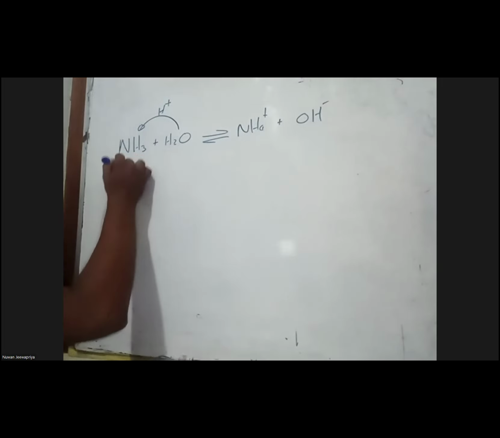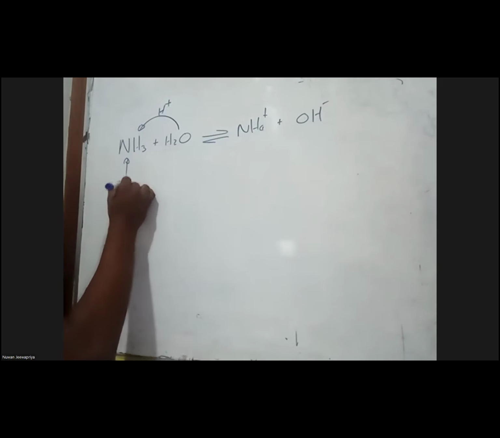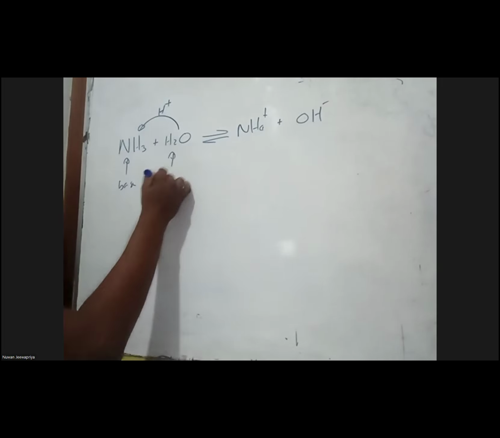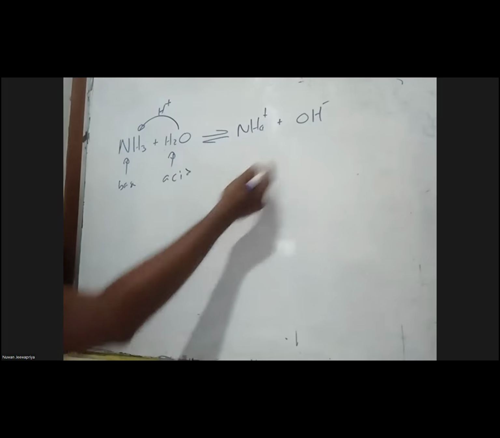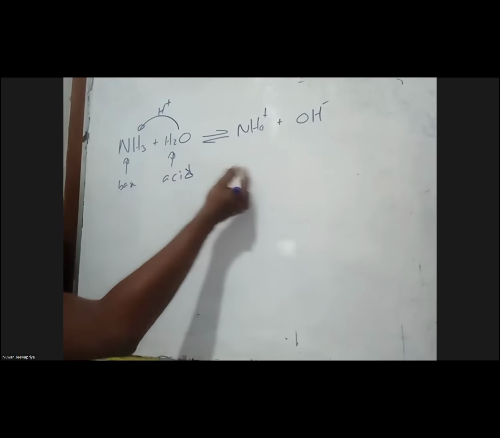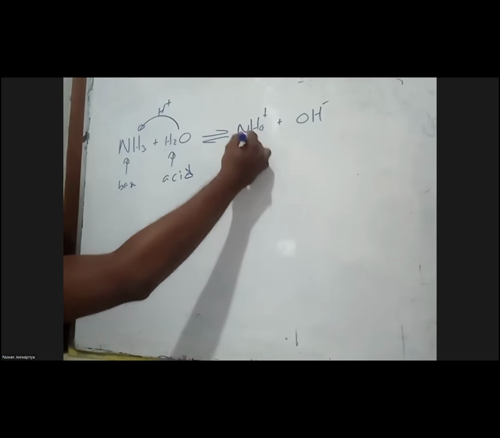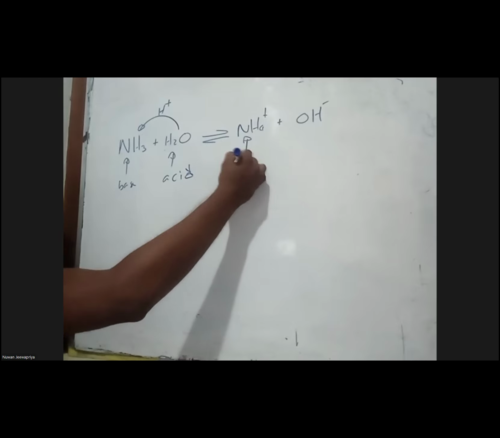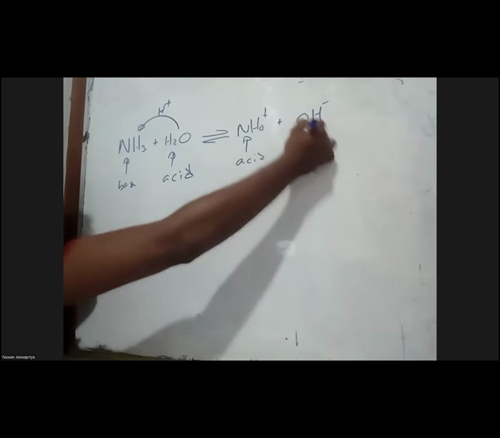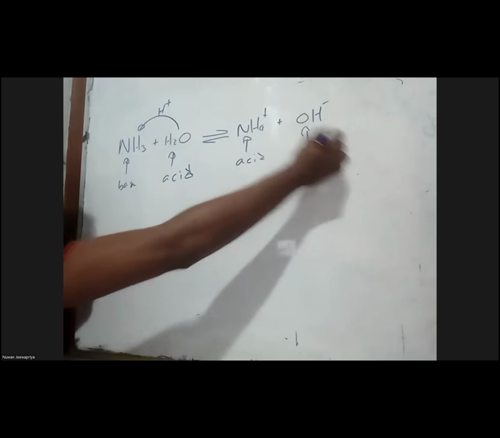When the ammonia is acting as a base, water is the acid. In the reverse reaction, ammonium is the acid because it donates the H plus, and OH minus is the base.